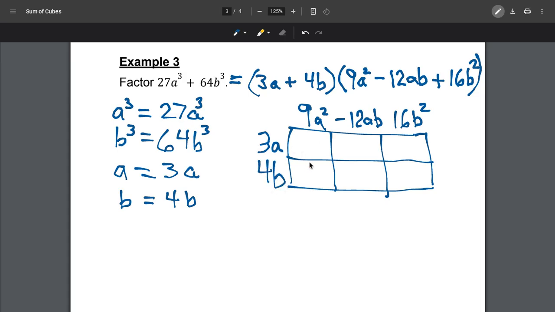Okay, 3a times 9a squared is 27a cubed. 3a times negative 12ab is going to be negative 36a squared b. 3a times 16b is going to be 48ab squared.